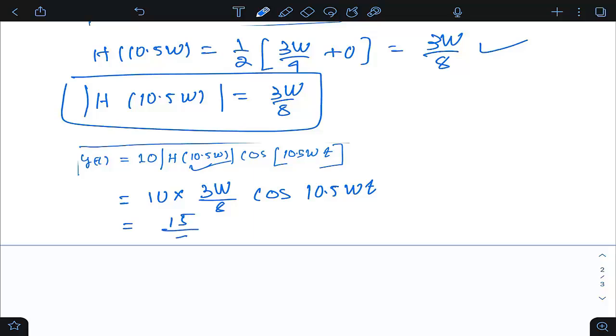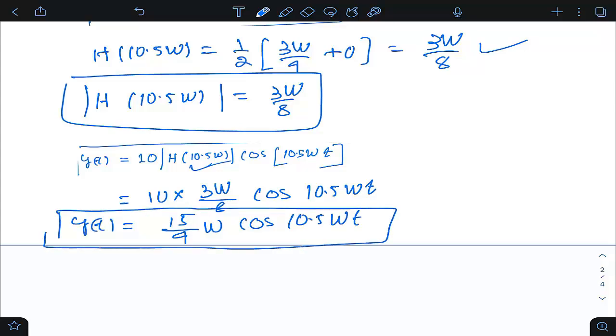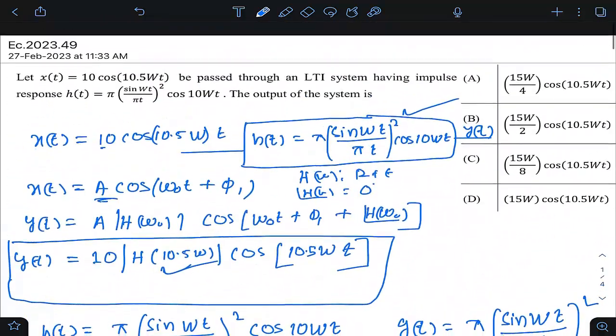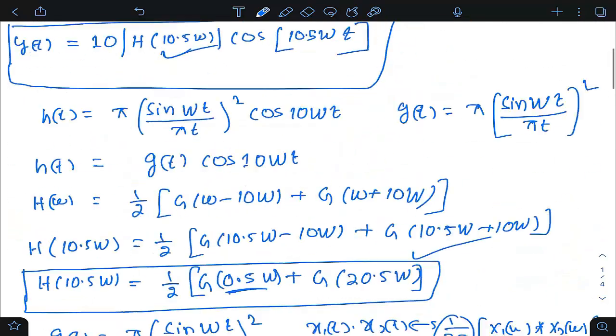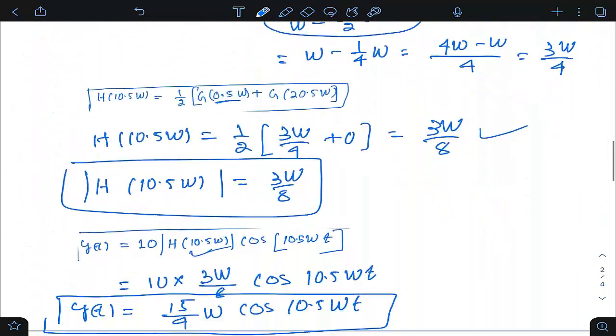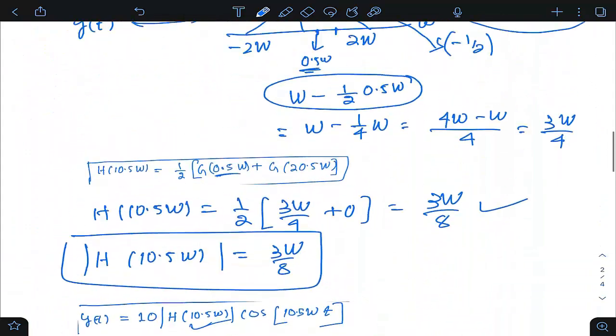You get 15 by 4 w, and this is cos of 10.5wt. This is your y(t). So y(t) is 15 by 4 w cos 10.5 omega t, which is given in option A. 15 by 4 w is the amplitude you are getting of the final output. So this is the answer.